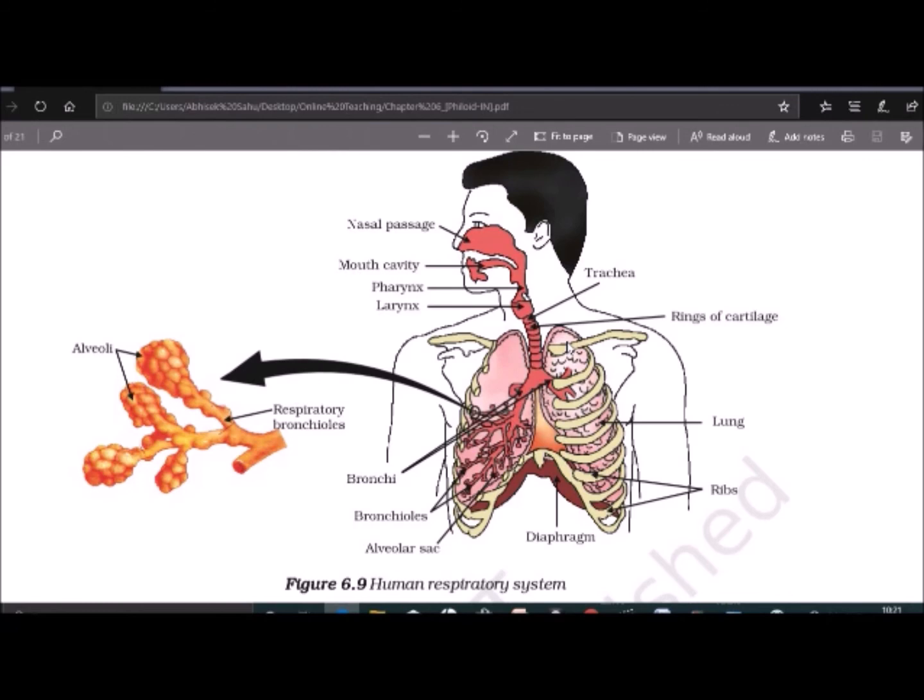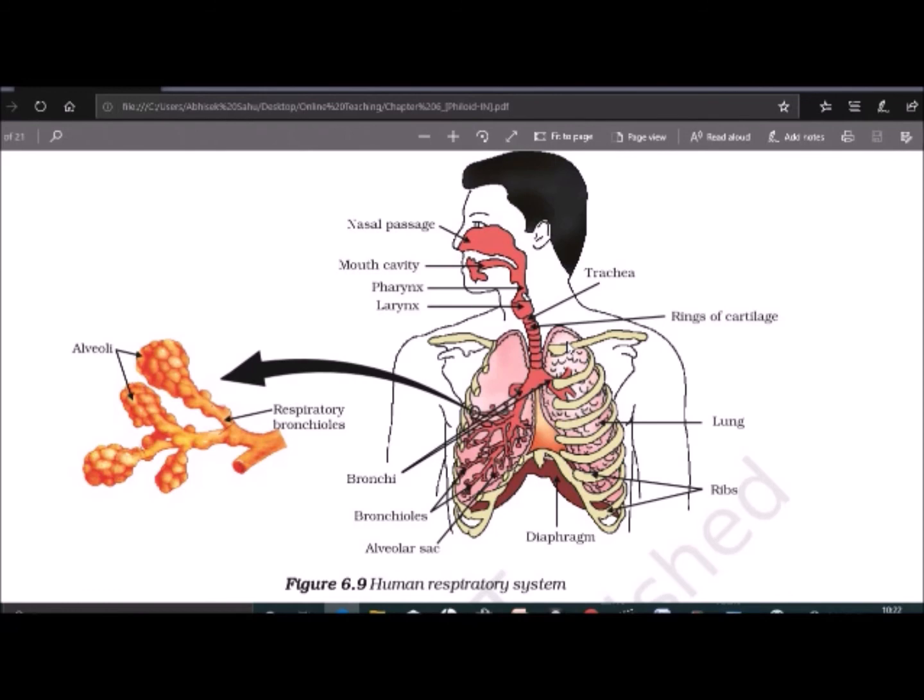Air then passes through a straight tube called the trachea, which divides into right and left primary bronchi, and it then enters the lungs. In the lungs, the bronchi divide repeatedly to form secondary and tertiary bronchi, and finally into very thin terminal tubes called bronchioles.